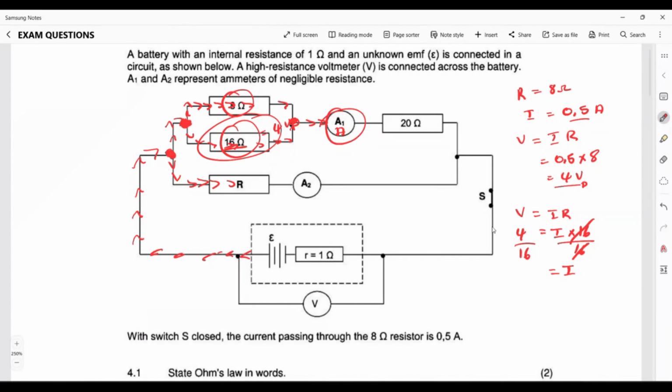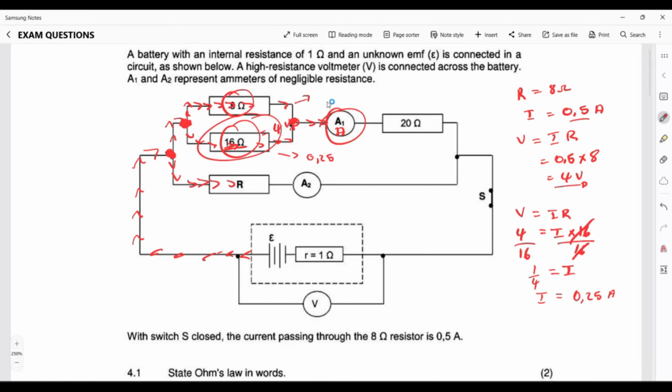What is 4 divided by 16? 1/4. In decimal, 0.25. The unit is amperes. So in this section, I have 0.25.